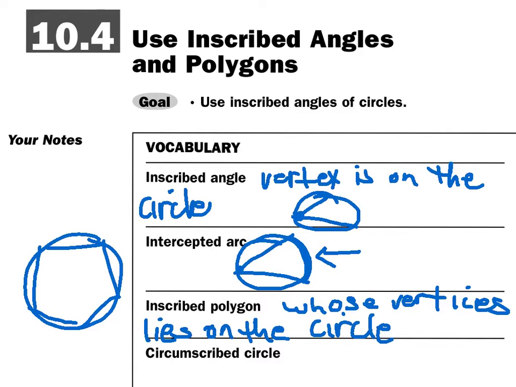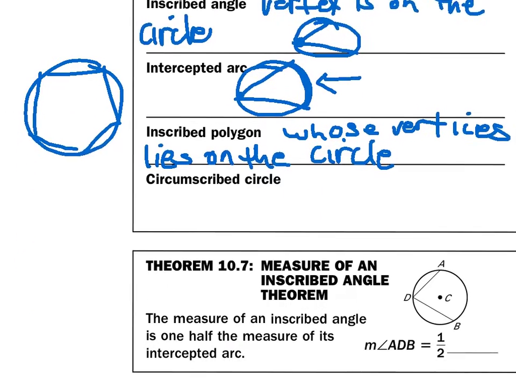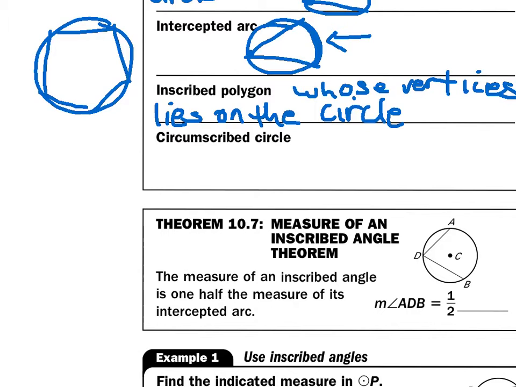A circumscribed circle is a circle that is inside of a shape like that. Okay? So inscribed, the shape is inside. Circumscribed, the circle is inside.